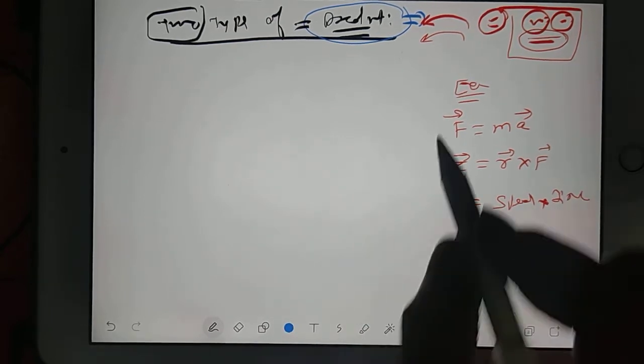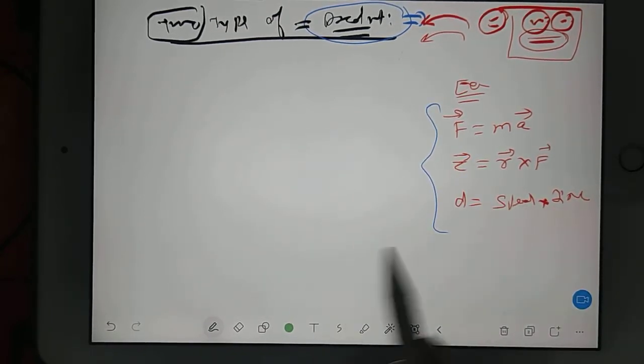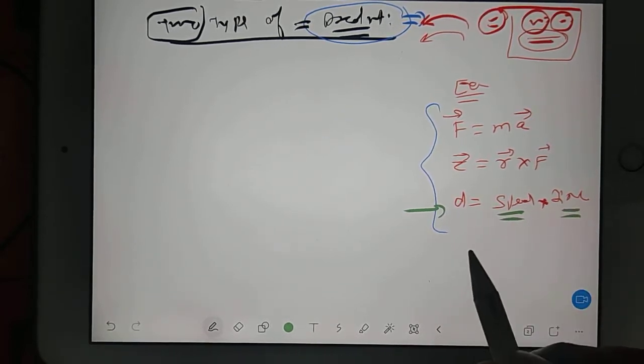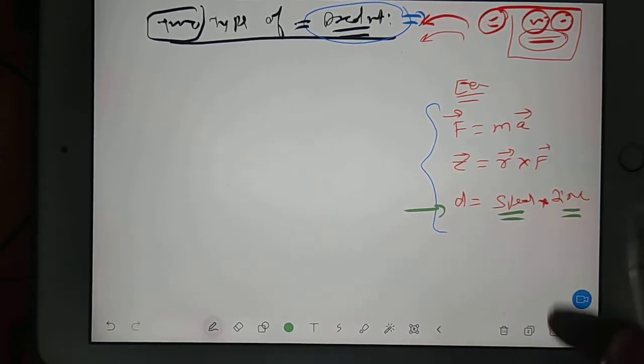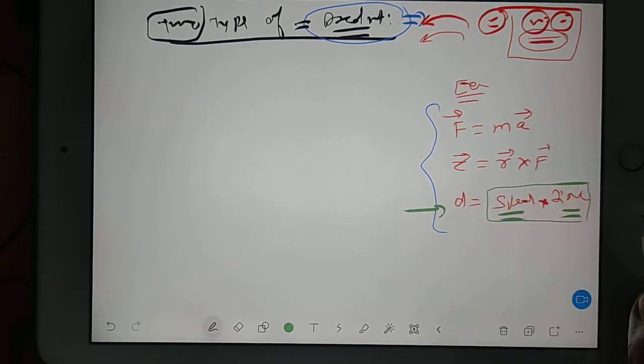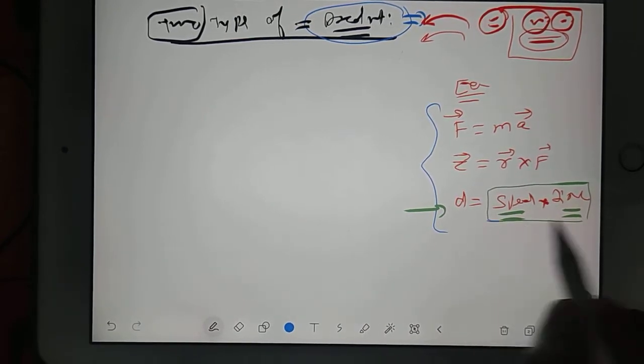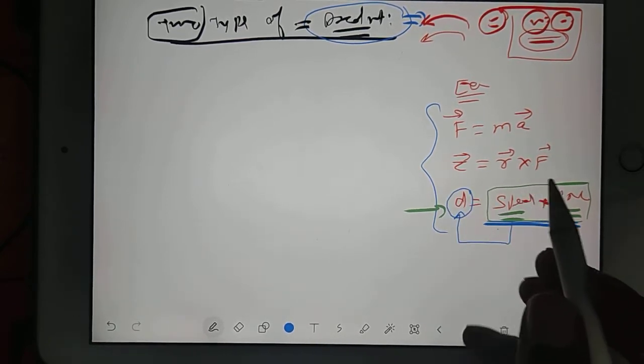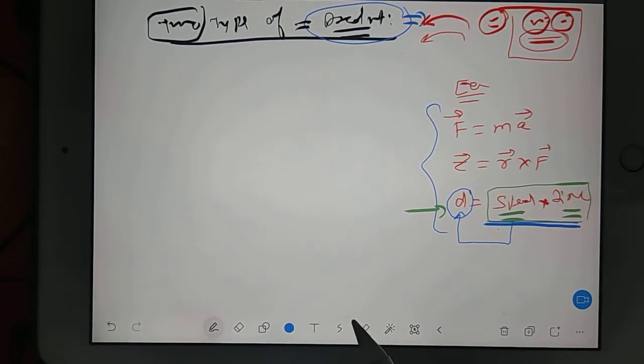What is the difference between all the 3 equations? You see here, in this equation, this is a scalar quantity and this is also a scalar quantity. Means we are multiplying 2 scalar quantities. So whenever you multiply 2 scalar quantities, the answer is obviously a scalar quantity.